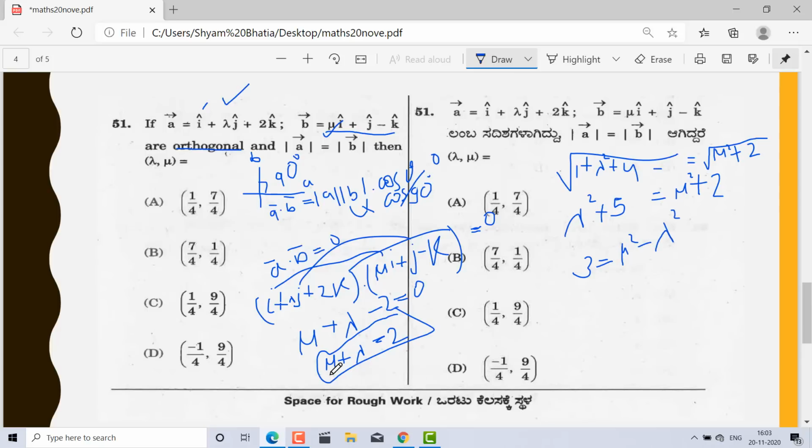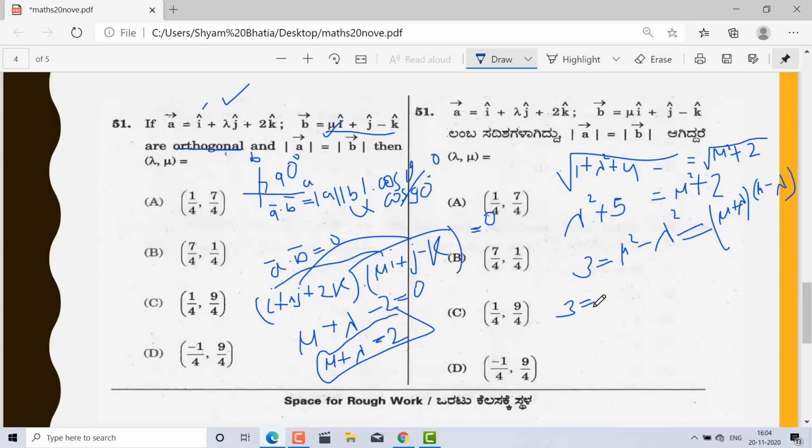Here it is the formula of a square minus b square. So what will you write here? Mu plus lambda times mu minus lambda, but you have already found mu plus lambda is 2.